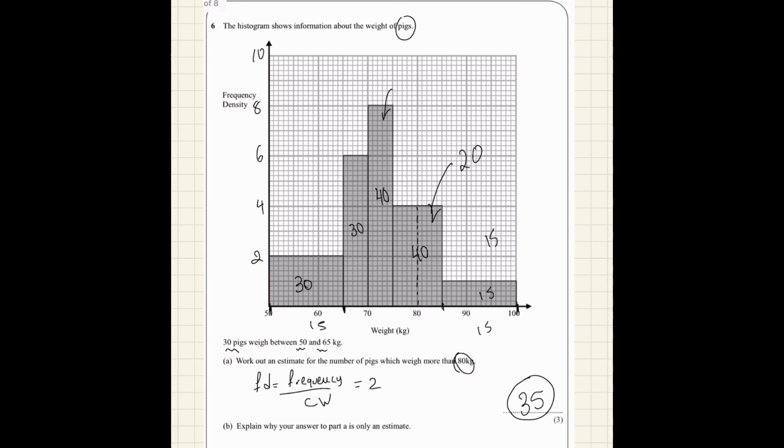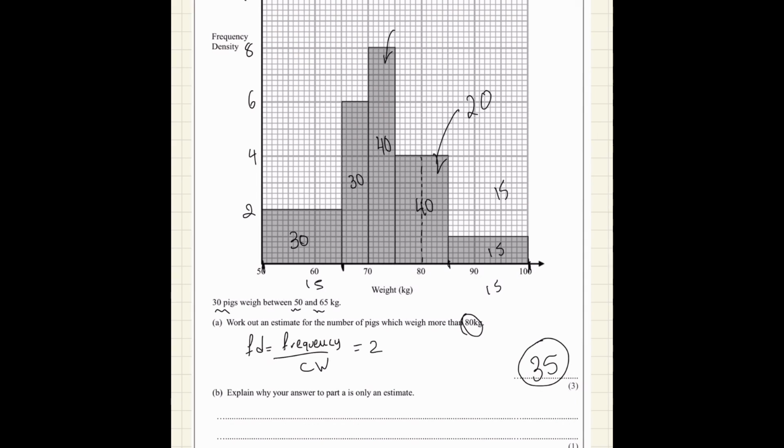Explain why your answer in part A is an estimate. Well, it's an estimate because we are using grouped data. That is why it's an estimate. So you would answer this question in writing. So we are using grouped data.